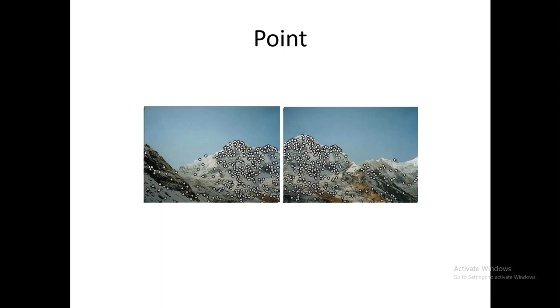So one of the things we have been looking for is reliability. That is, a point that we find in one image, the first image, should be found in the other. But now the question is, given that we found the points in both image 1 and image 2, how to match them.